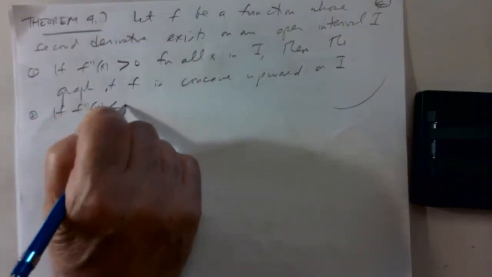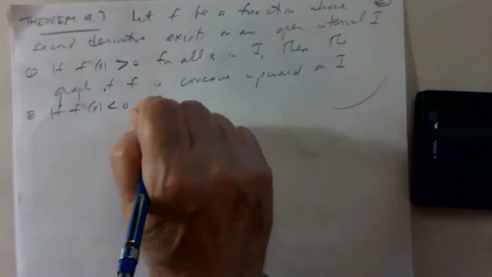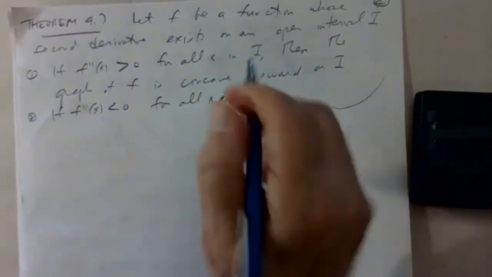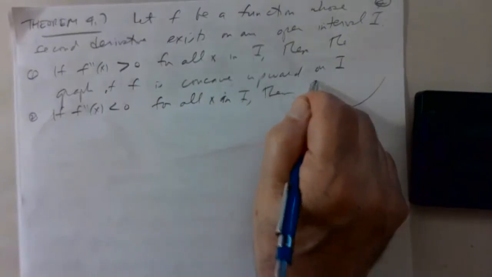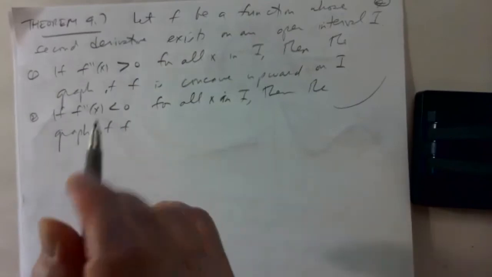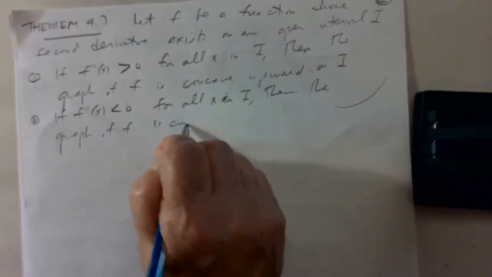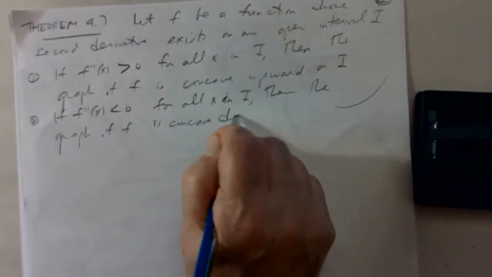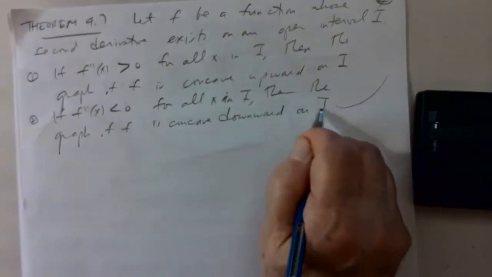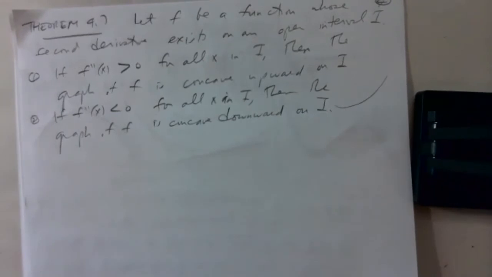If the second derivative is negative for all x in I, then the graph of f is concave downward on I.